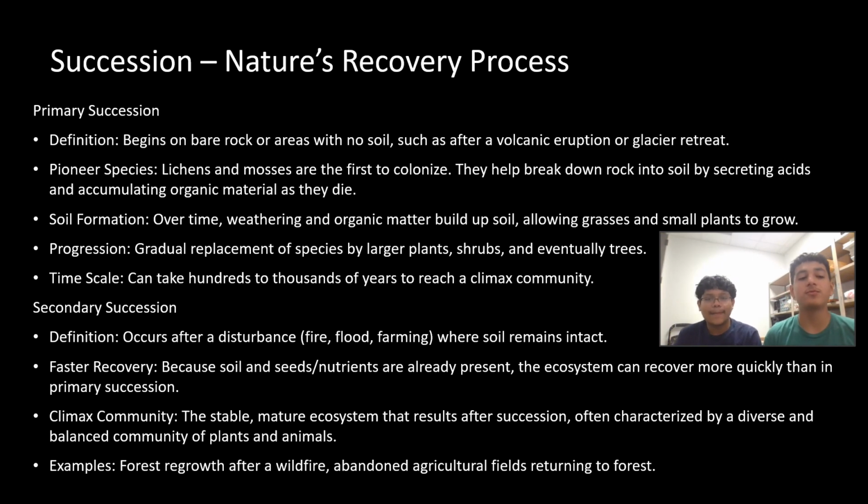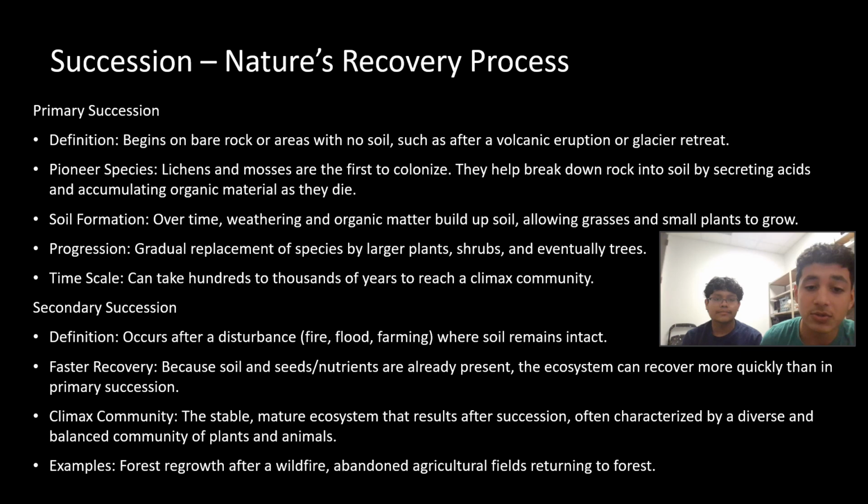Another type of succession is secondary succession. It occurs after a disturbance like fire, flood, or farming, where the soil remains intact, so plants can still grow. This allows for a faster recovery. Because soil, seeds, and nutrients are already present, the ecosystem can recover more quickly than in primary succession.